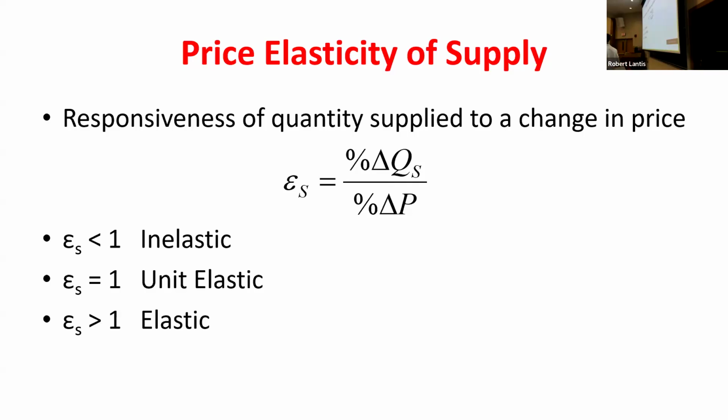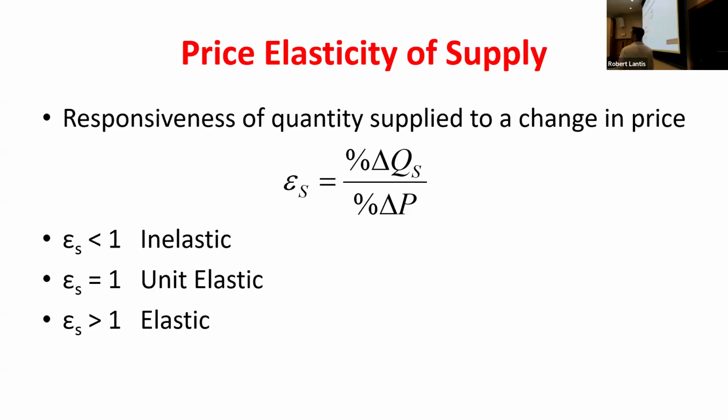What will the sign of my elasticity of supply always be? Price goes up, producers want to supply more. We don't have to worry about the absolute value, it's always positive. And then is the price elasticity of supply elastic, inelastic, or unit elastic? Same exact thing we were doing with demand, right? It's greater than 1, it's elastic, less than 1, inelastic, equal to 1, unit elastic. How would I calculate these percent changes?